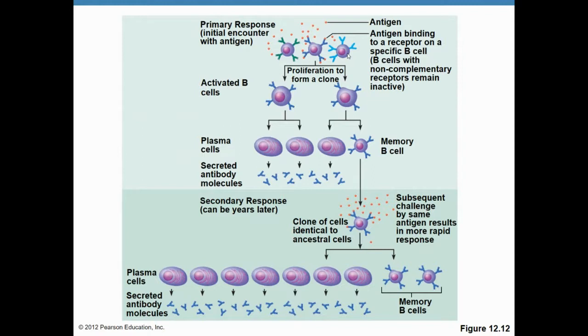And they all have different types of receptors. But each individual B cell can only respond to one antigen because every receptor on its surface is molecularly the same. So this B cell receptor is going to be identical to this B cell receptor, which is identical to this one. So this B cell can only respond to one antigen.